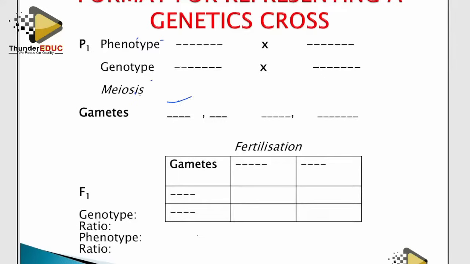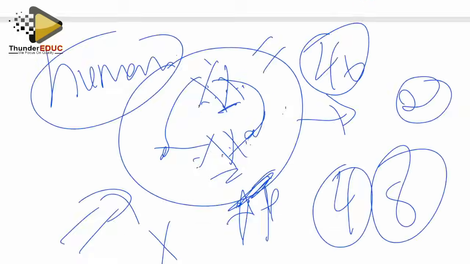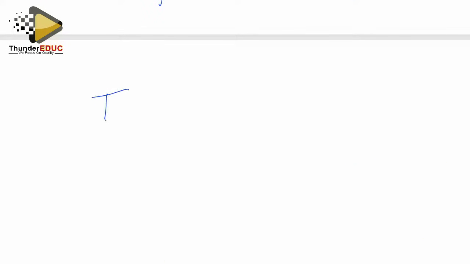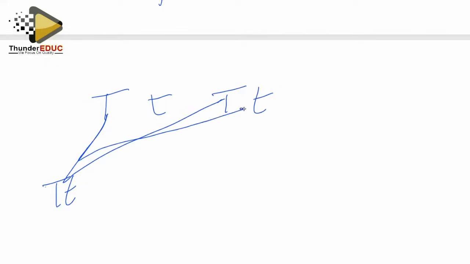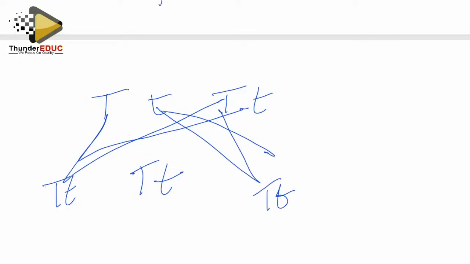For example, you write here capital T, small t, capital T, small t, and then you start crossing. Let me just write it here. Capital T, small t, capital T, small t. Then you cross like this. There's a way how you cross.